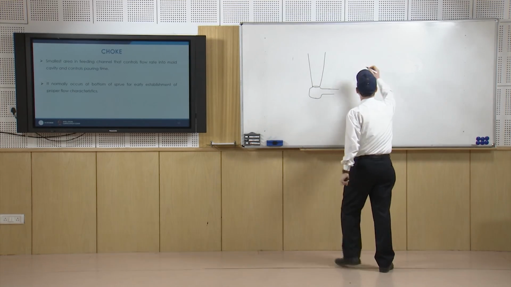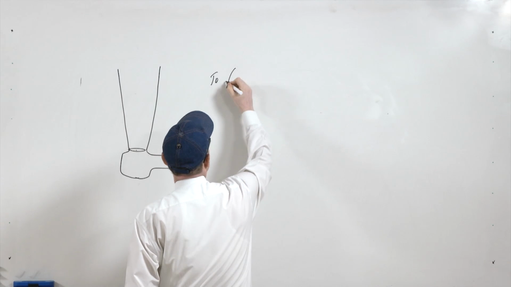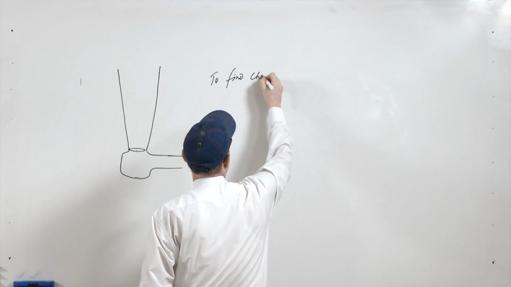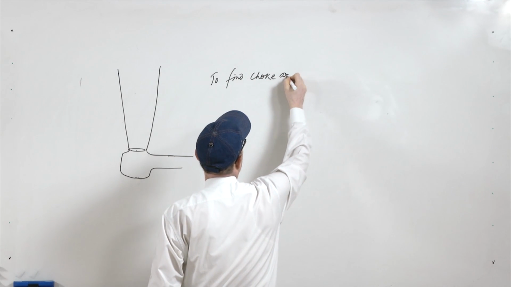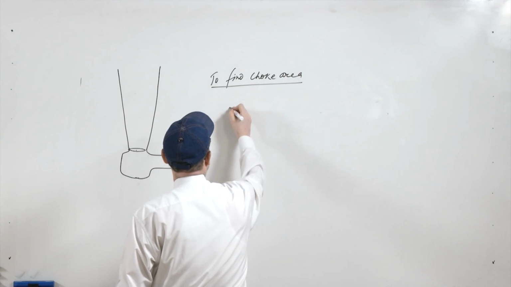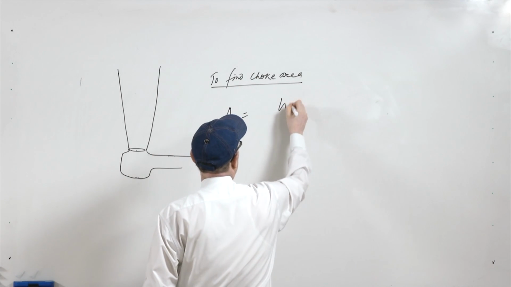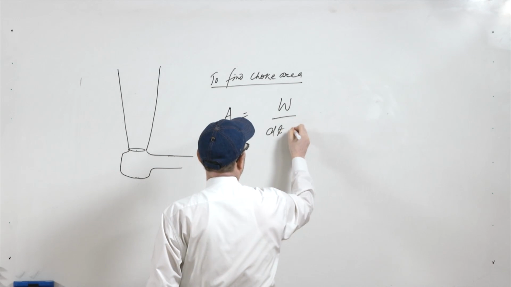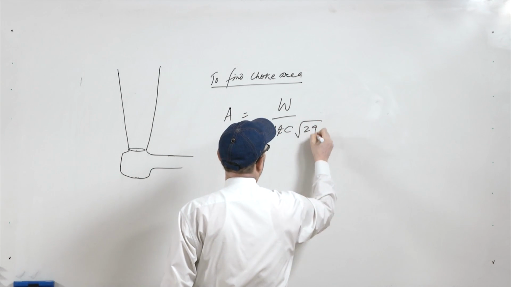To find the choke area, it is calculated as W upon d T C root 2gH.